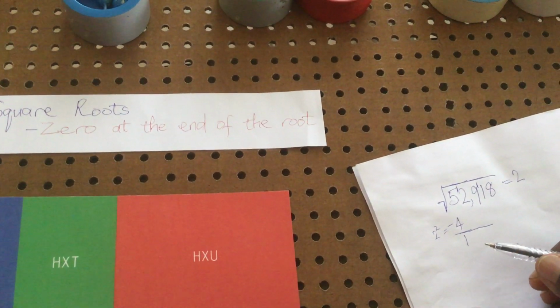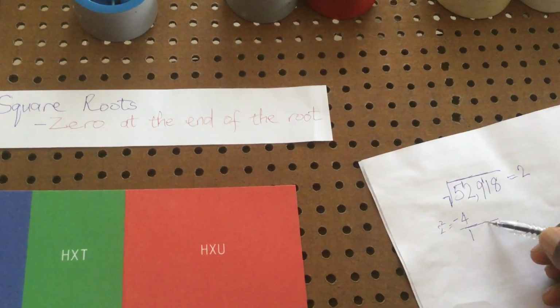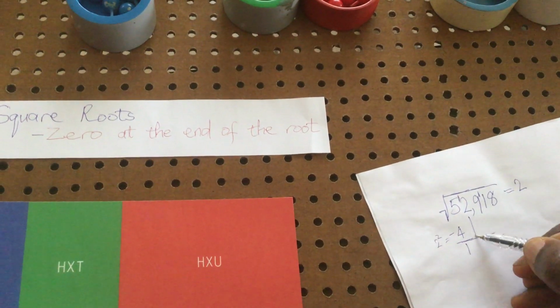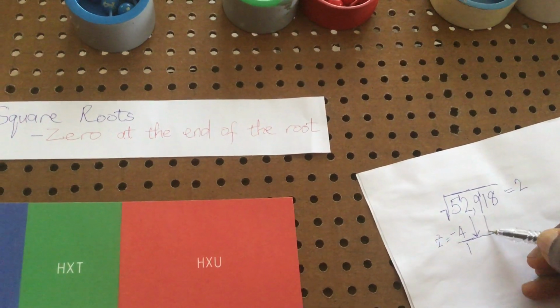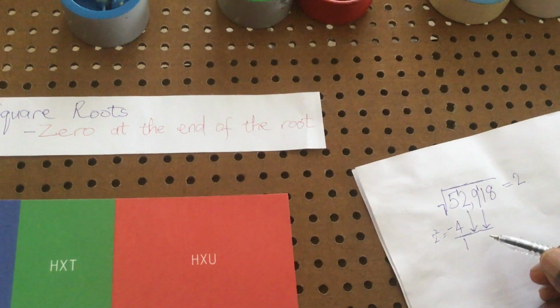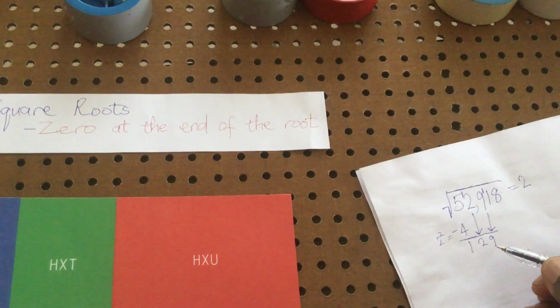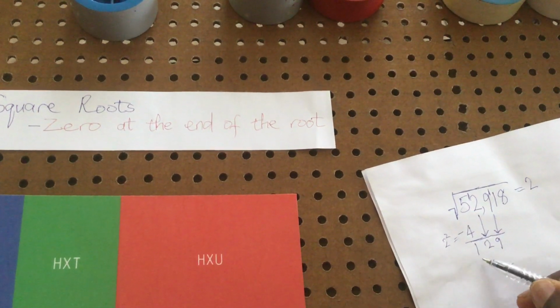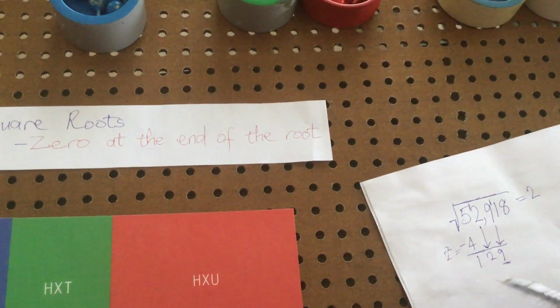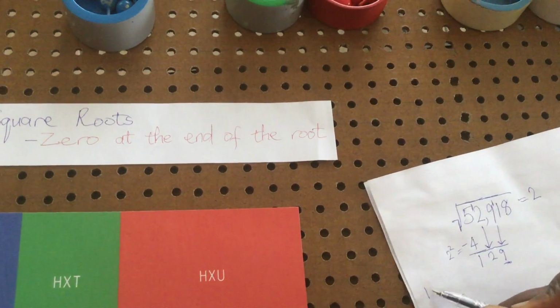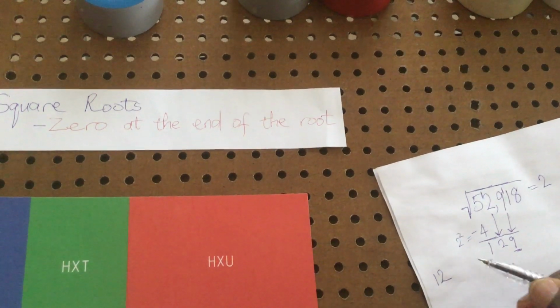Then we bring down the next period. So that is 29. And of course, we leave this out and bring over.